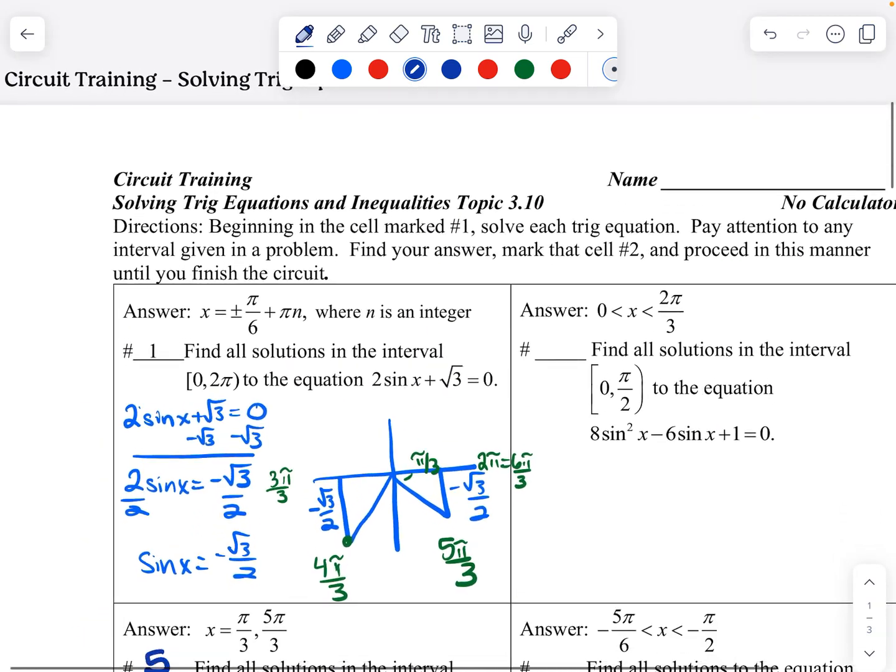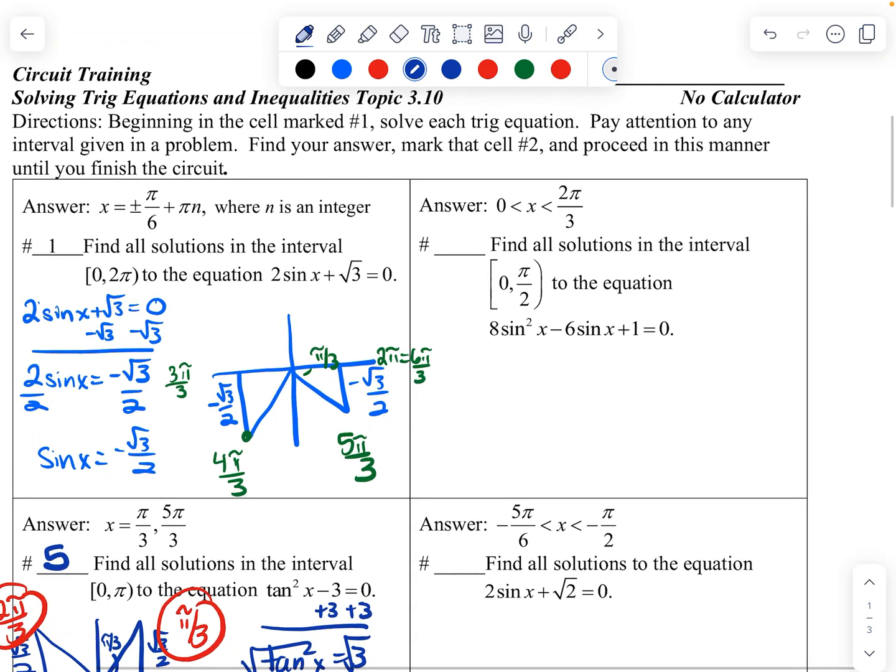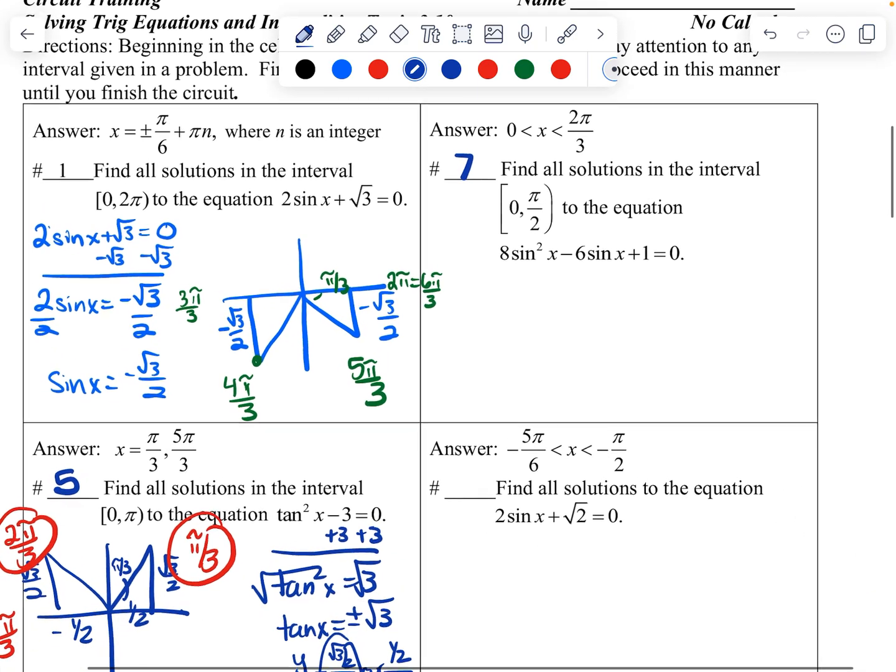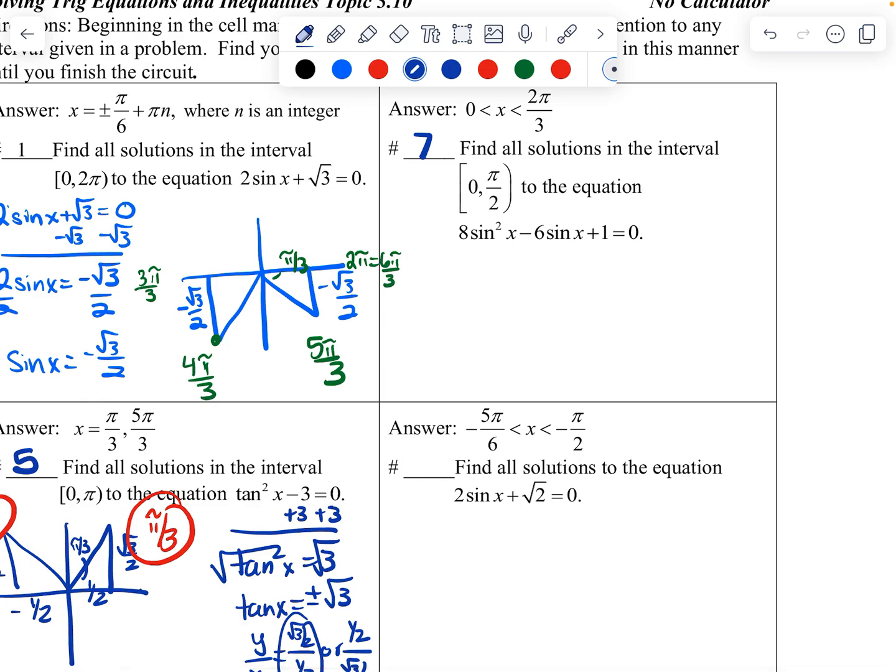So if we go back up here, that makes this number 7. And now we can factor this. Now I don't like all the signs, so I'm going to rewrite as 8y squared minus 6y plus 1.